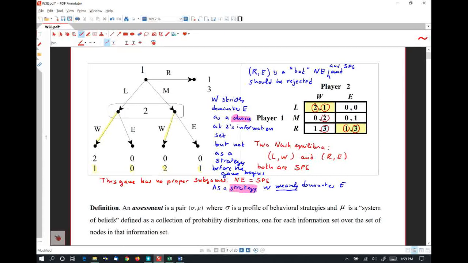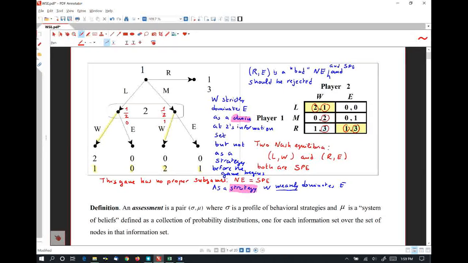So she could say, well, I think it's equally likely that player 1 played L, so I attach probability half to the left node, which is the node that comes after the choice of L by player 1, and probability half to the right node, which comes after choice M of player 1. So this could be a belief of player 2, or player 2 could form a different belief and maybe become convinced that player 1 played M.